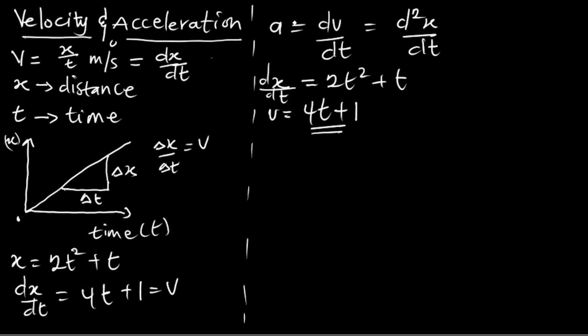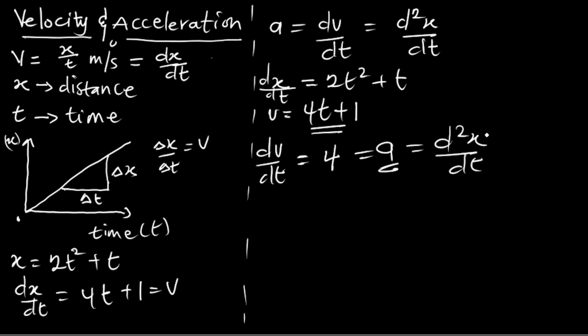Now, to get the acceleration, we have to differentiate the v with respect to t, which will give us 4, which is the same as the acceleration. And this is also the same as the second derivative of the x, or the distance, with respect to t. This is interesting and quite easy. Let's move through some examples.